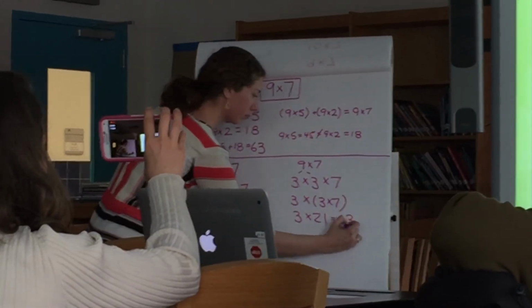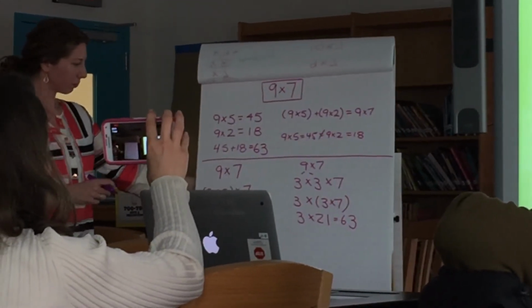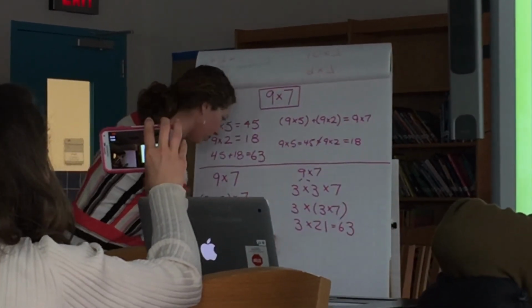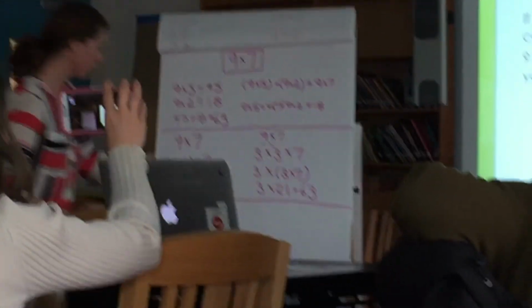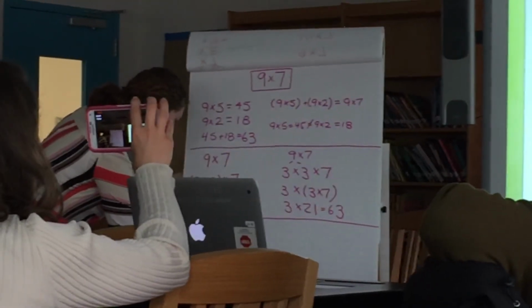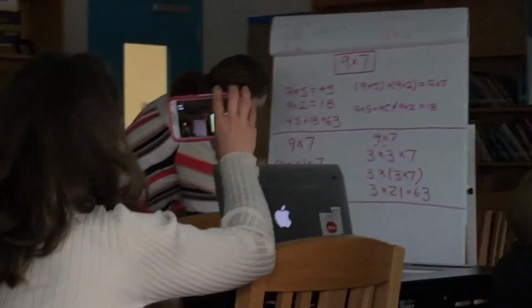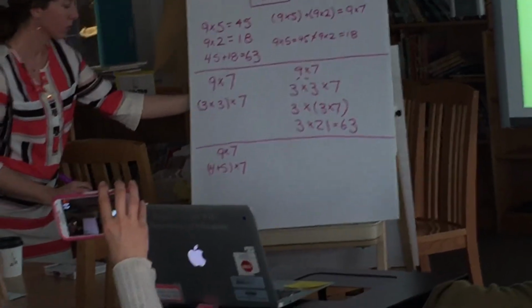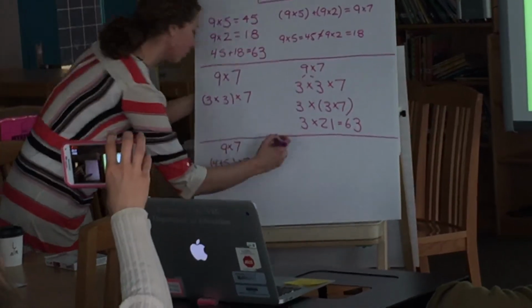63. And then another strategy which we had is we again broke 9, because I thought 9 is a more challenging number than 7 for them, into 4 plus 5 and then times 7. And then they would multiply 4 by 7 and then 5 by 7.